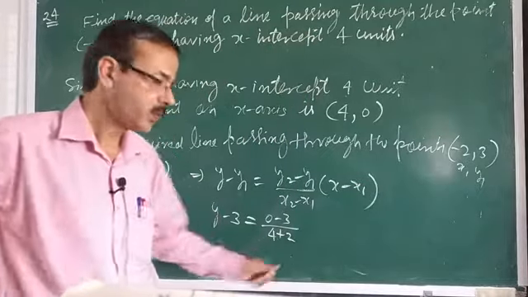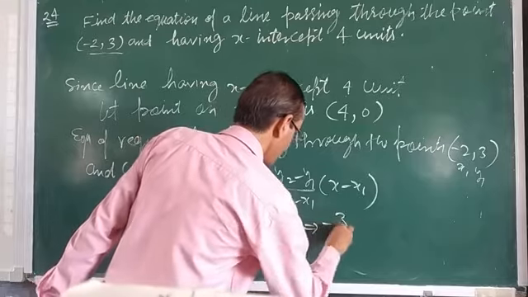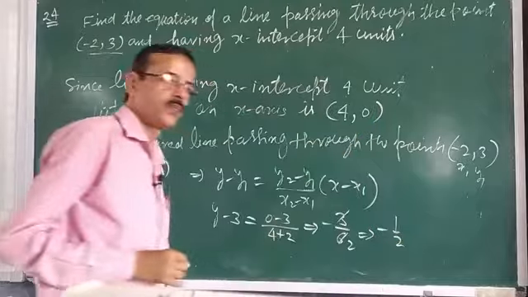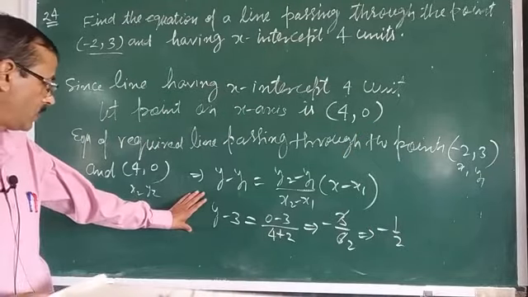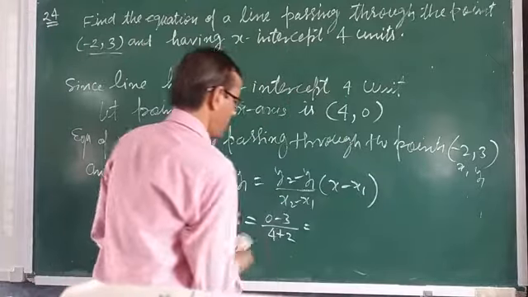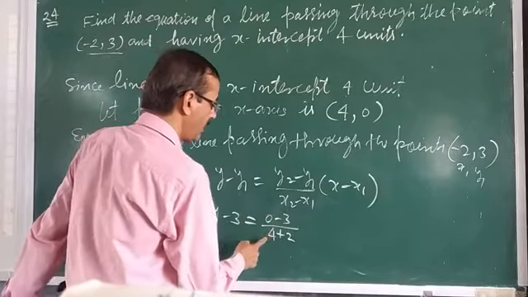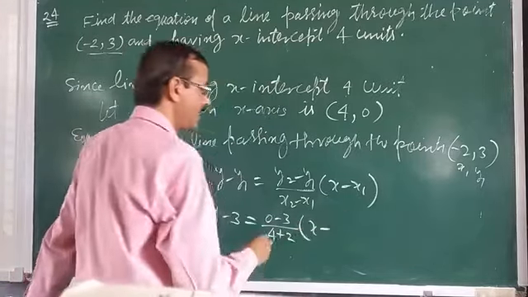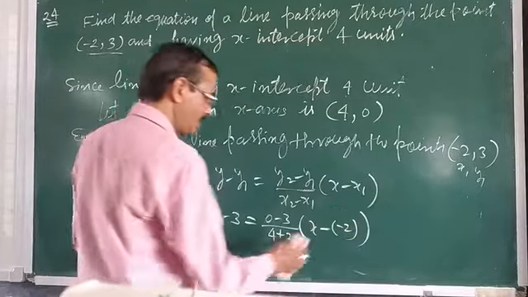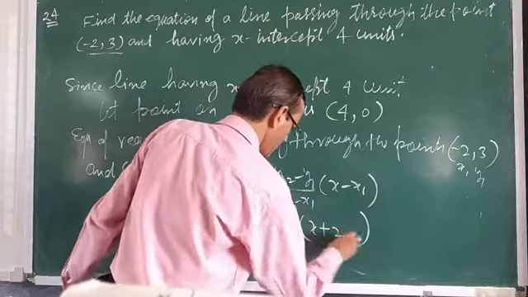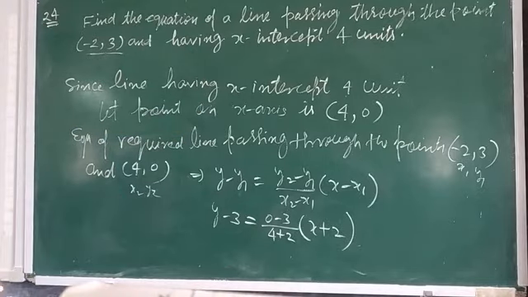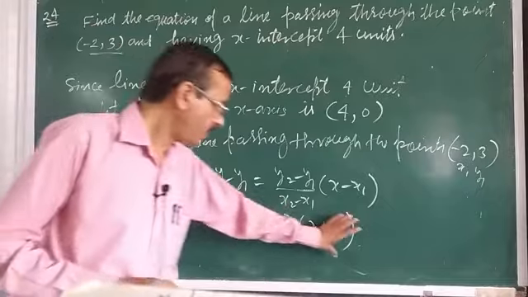So 4 plus 2, that became minus 3 upon 6, which is equal to minus 1 by 2. So y minus 3 is equal to y2 minus y1 upon x2 minus x1, then x minus x1, minus minus 2, that will be plus. Okay, this is the direct formula.